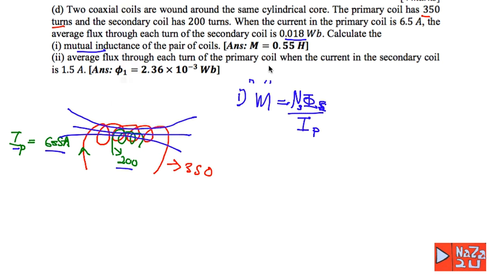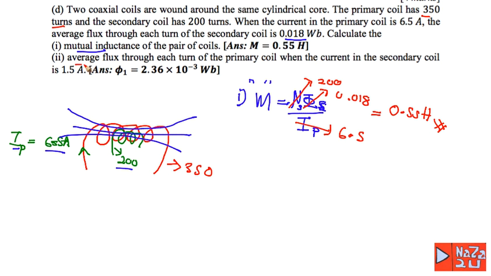Now the number of turns of the secondary coil is 200, and the flux through the secondary coil is 0.018 Weber, and the current must refer to the current flowing in the primary coil, 6.5 ampere. So the mutual inductance, using the calculator, is 0.55 Henry.